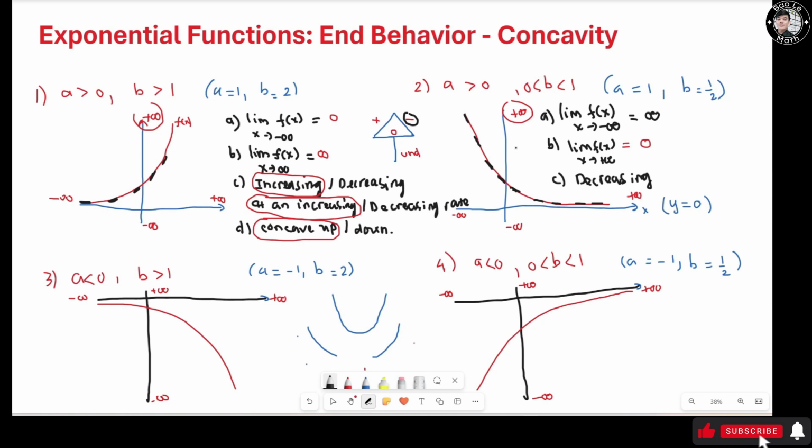So the function is decreasing at an increasing rate. Because, for example, this one is equal to -5, this is -4, -3, -2, etc., until 0. So you see that the slope of the tangent line is increasing. So this is decreasing at an increasing rate.